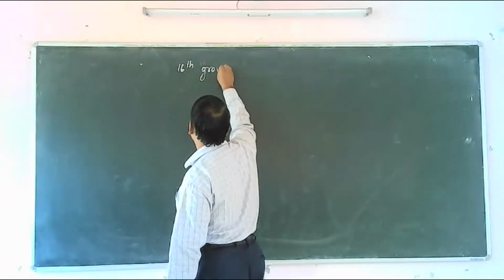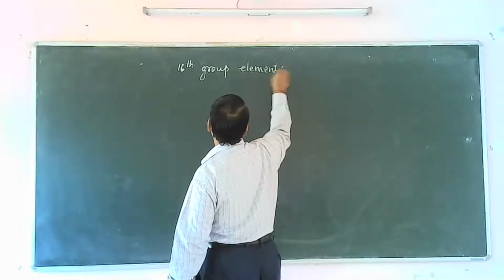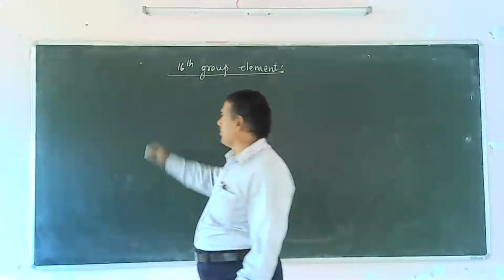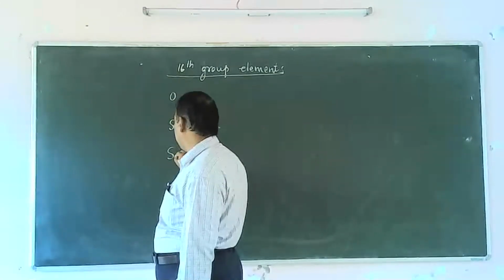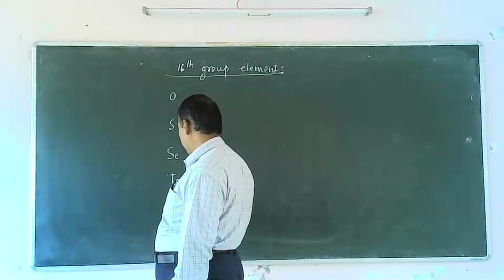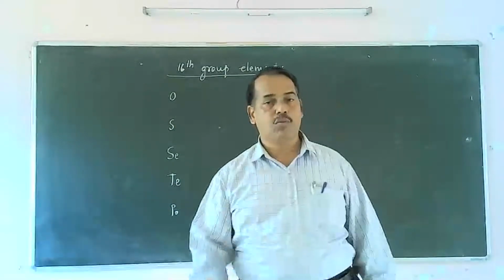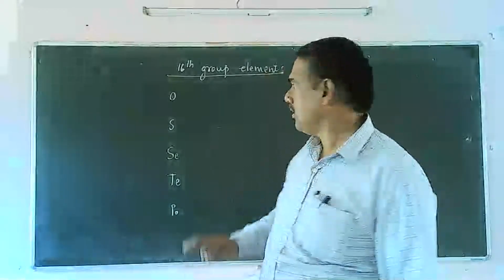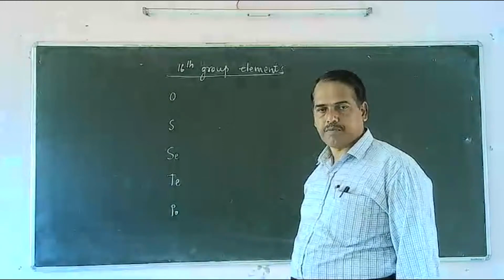See, 16 group elements are oxygen, sulfur, selenium, tellurium, and polonium. Name 16 group elements. Those are oxygen, sulfur, selenium, tellurium, polonium.